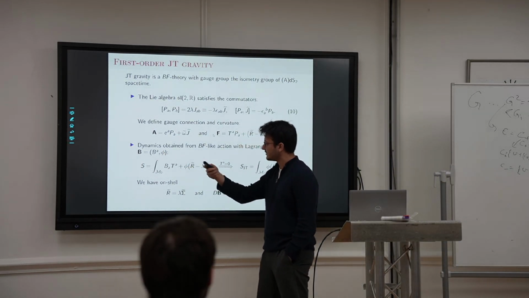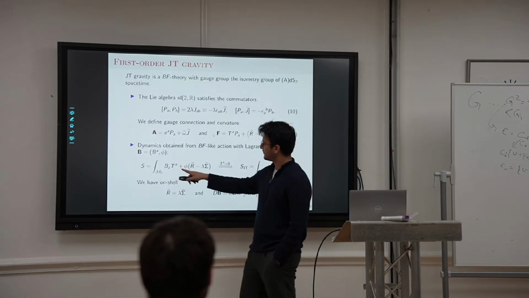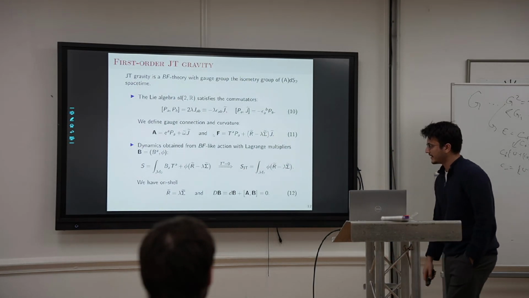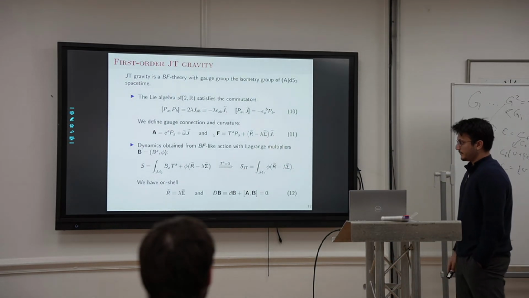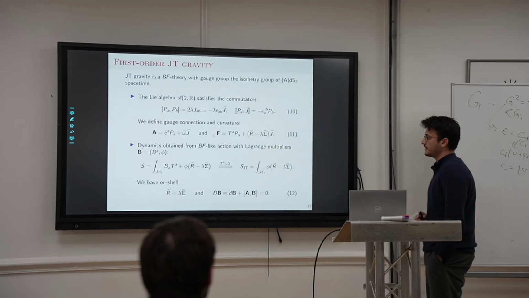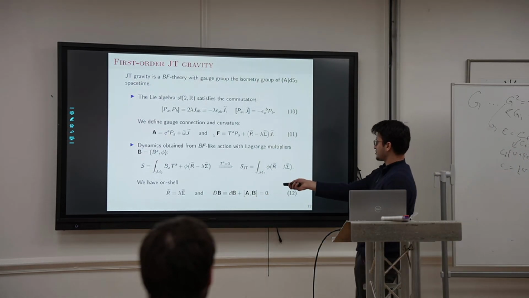So this phi is my dilaton, T^A is my torsion, and on shell you can see that by varying B^A, you get torsion equals 0, and that gives you phi R tilde minus lambda sigma tilde. So these are your on-shell expressions that you will obtain just by using the equations of motion.